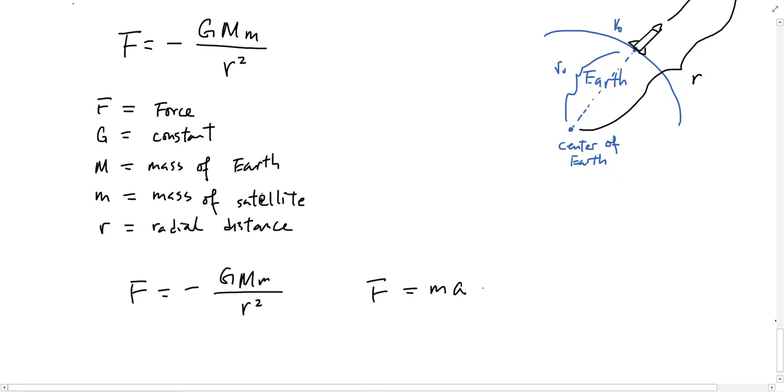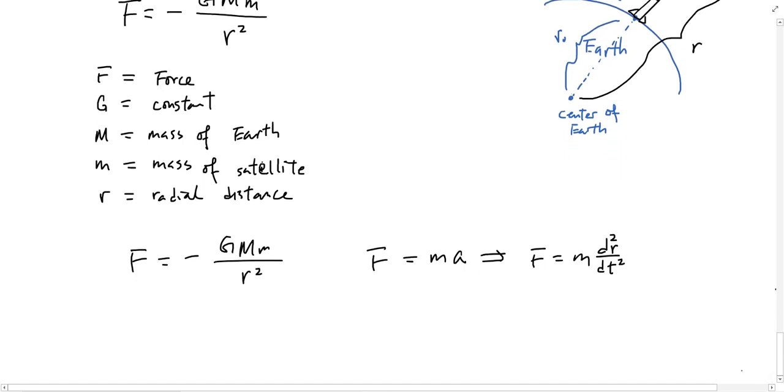And I can represent acceleration as the second derivative of the radius, d squared r over dt squared. Now allow me to set ma equal to our gravitational formula, and have m d squared r over dt squared equal to negative G, capital M, lowercase m, over r squared.